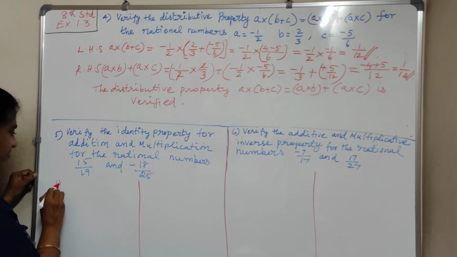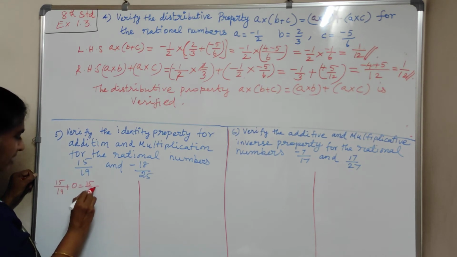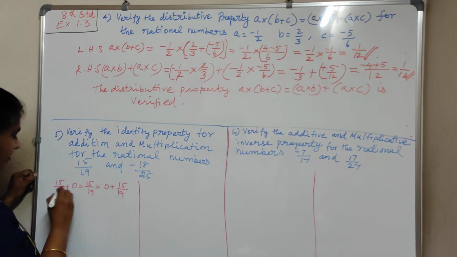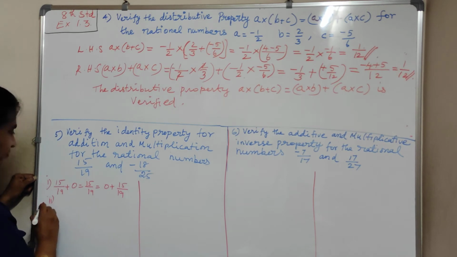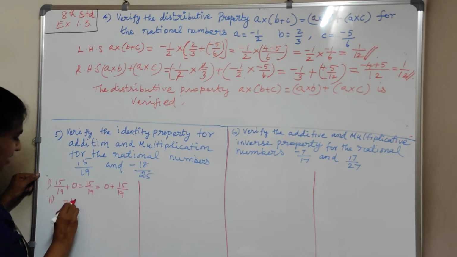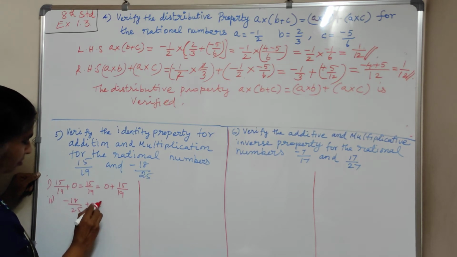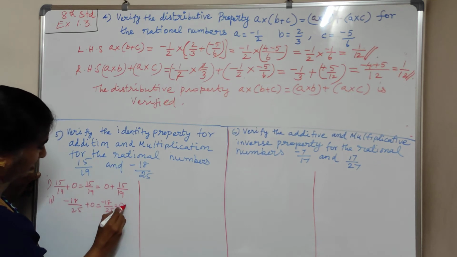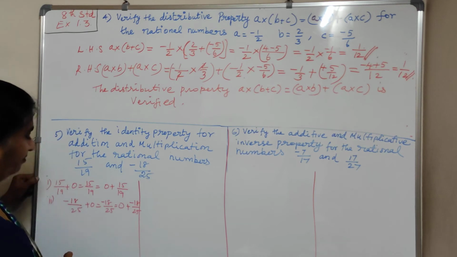So 15 by 19 plus 0 gives you 15 by 19 is equal to 0 plus 15 by 19 for the first question. And second one, minus 18 by 25 plus 0 gives you minus 18 by 25 is equal to 0 plus minus 18 by 25.